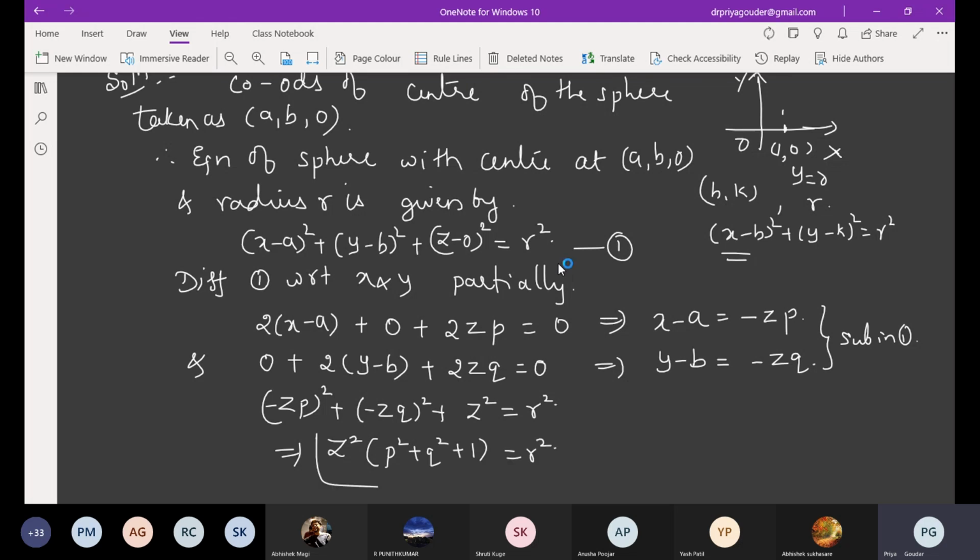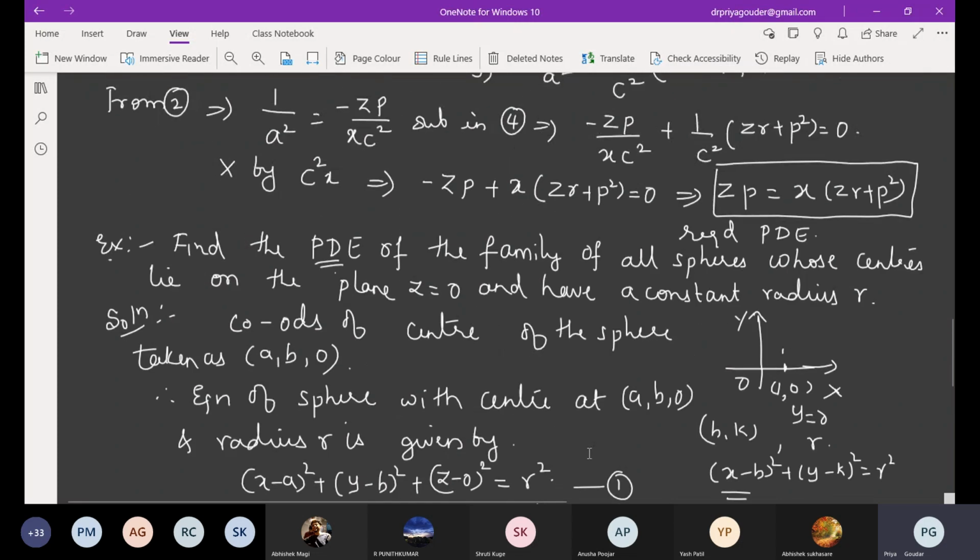Is it free from a and b? Yes. But one constant is present. What is that? r square. But it is not an arbitrary constant; it is a fixed constant.